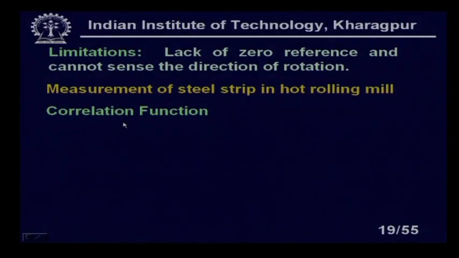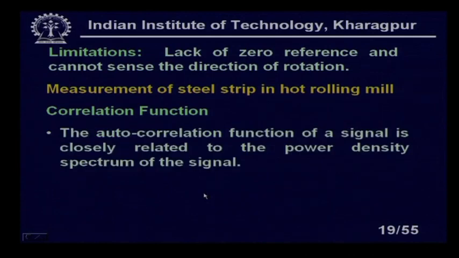Okay. Now, the question comes, we need a little bit of mathematics, that means the autocorrelation and cross correlation functions, which will be discussed now. The autocorrelation function of a signal is closely related to the power density spectrum of the signal.